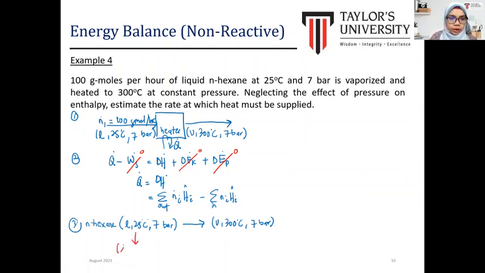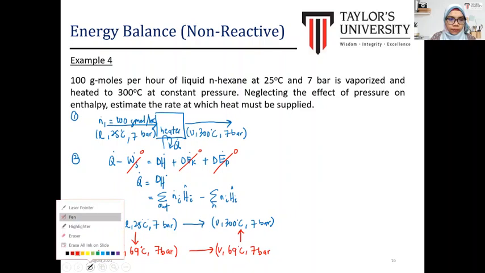Finding the boiling point, it is at 69 degrees Celsius and 7 bar. After that, we can change this to vapor first. So from the liquid to vapor at 7 bar, and then after that we can move from 69 to 300.